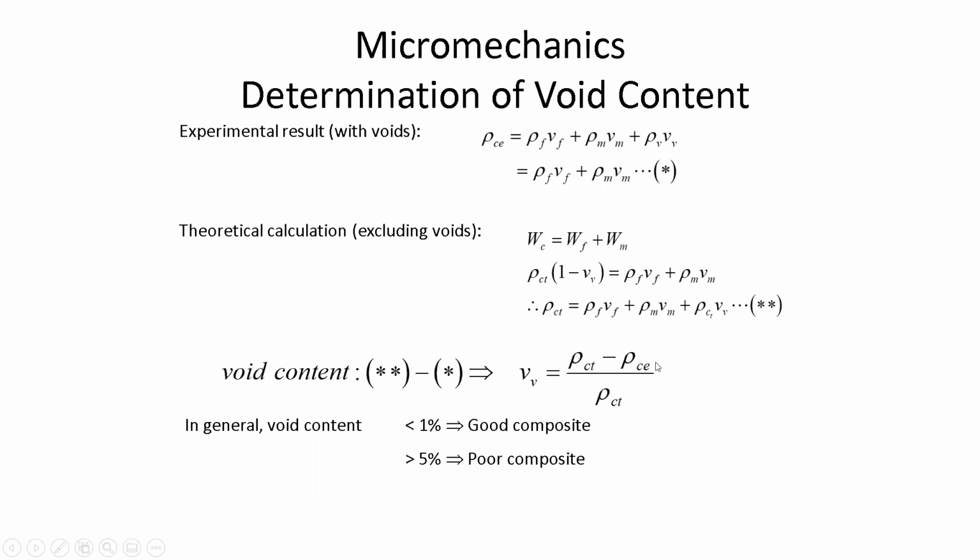When I do that, I'm able to calculate the volume fraction of the void, the void content, which is of high interest in determining the quality of the composites you ended up with. A good void content will be 1%. That's a good composite. Above 2 to 3%, it starts becoming a bad composite.